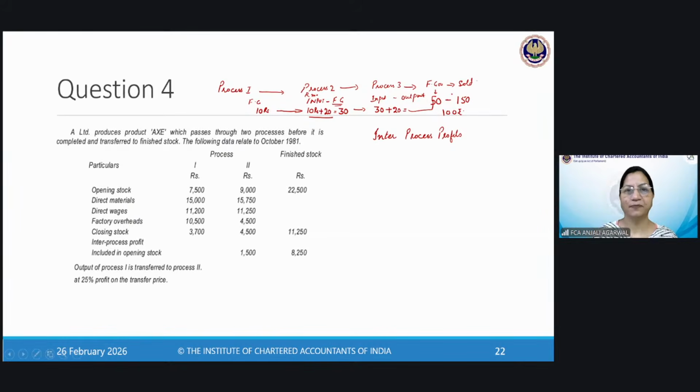So far clear? Process 1 took something, made some raw material, labor, overheads, and the cost per unit for process 1 output is 10 rupees per unit. This 10 rupees moves as raw material to process 2, which incurs from its own pocket 20 rupees further. So the cost comes out to be 30 rupees per unit.